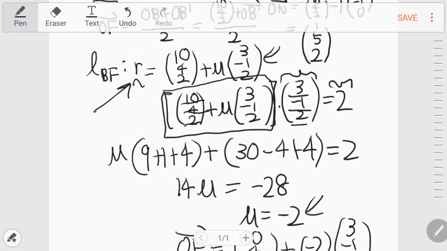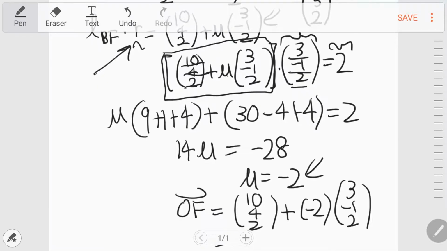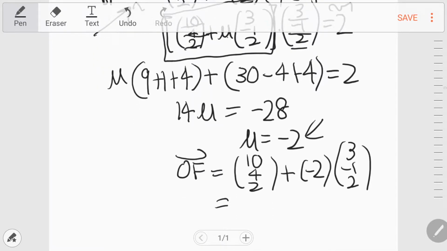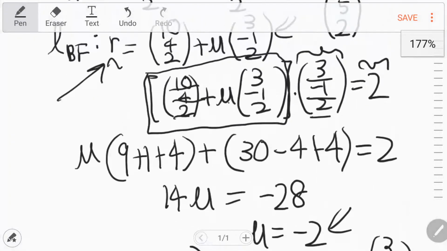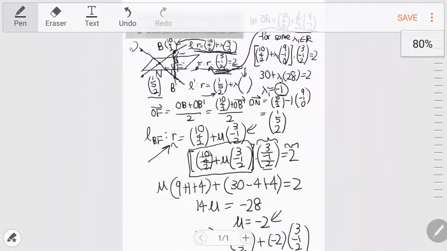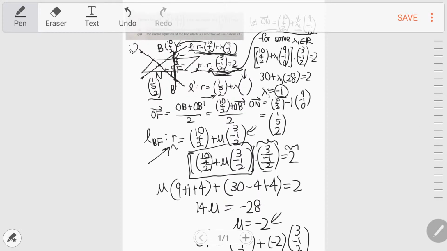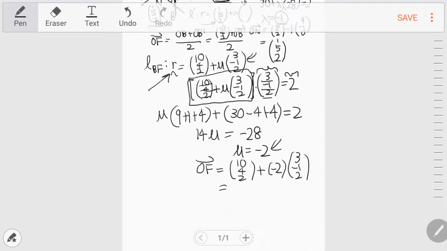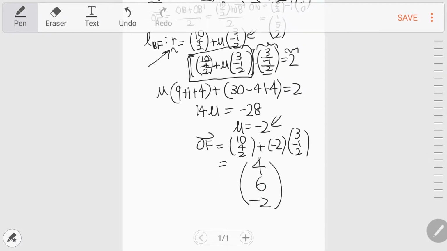Why I do this is because I am intersecting the line equation with the plane's equation, not our original line, but this line that joins P to B prime. This is where it intersects the plane, where the foot of the perpendicular is. Then 10 minus 6 is 4, 4 plus 2 is 6, then 2 minus 4 is minus 2, right? So this is my OF.